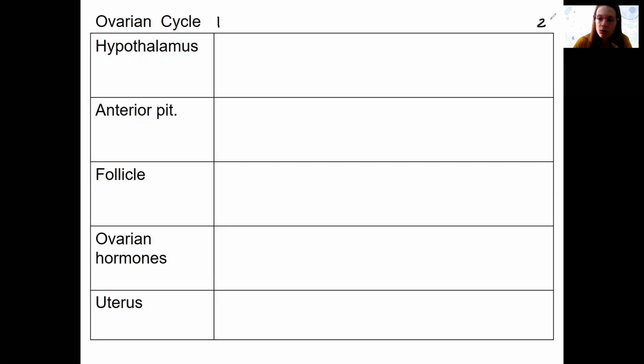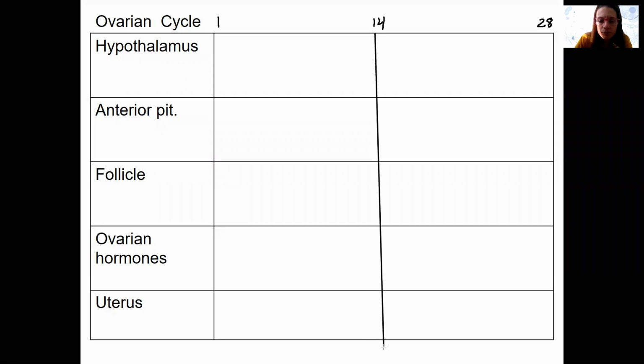So I'm going to write in 3 key numbers, days that we need to talk about. I'm going to mark ovulation right here at day 14. This is going to be ovulation. And there are some other names here. The first 14 days, this is going to be called the follicular phase.